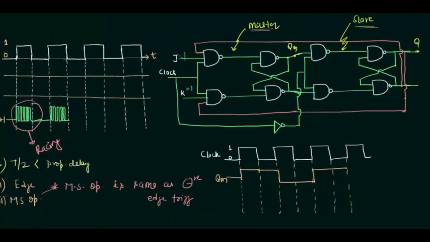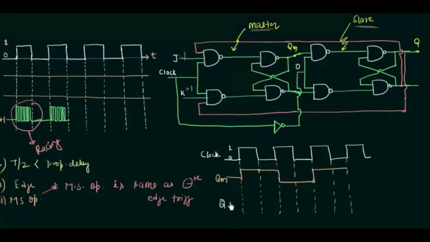Now we will try to find out our Q, that is the output of our slave, and let's see what we are having. When the clock is high, it means that the master is operational but the slave is not, because we are complementing the clock. So here I am having a 0.